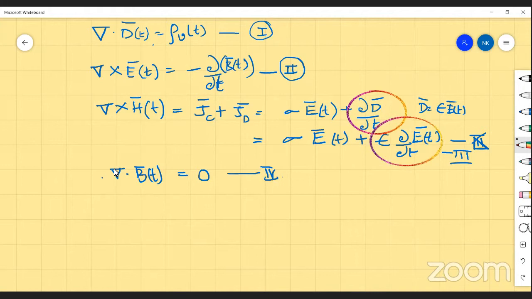And another term. Now, why are you getting those terms? From where did we get those equations? Before that, we'll decide about the first and fourth equation.